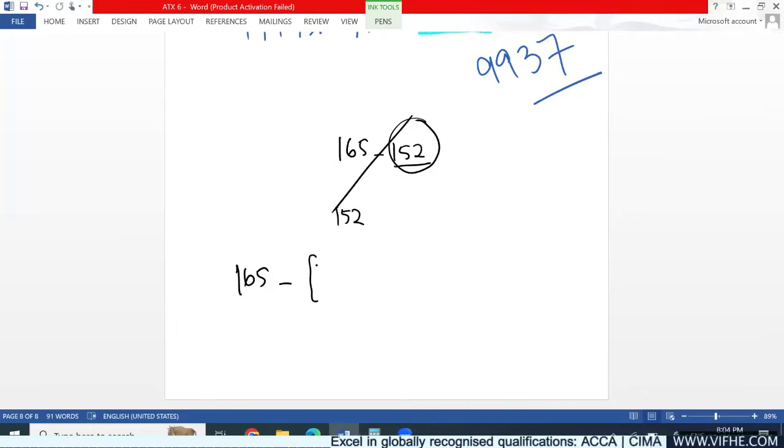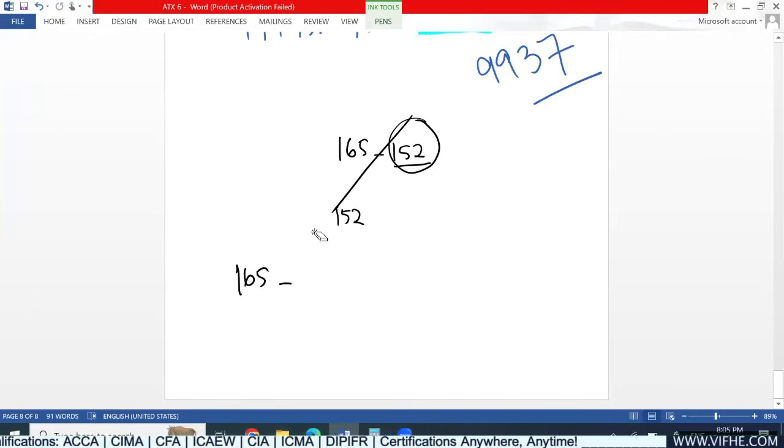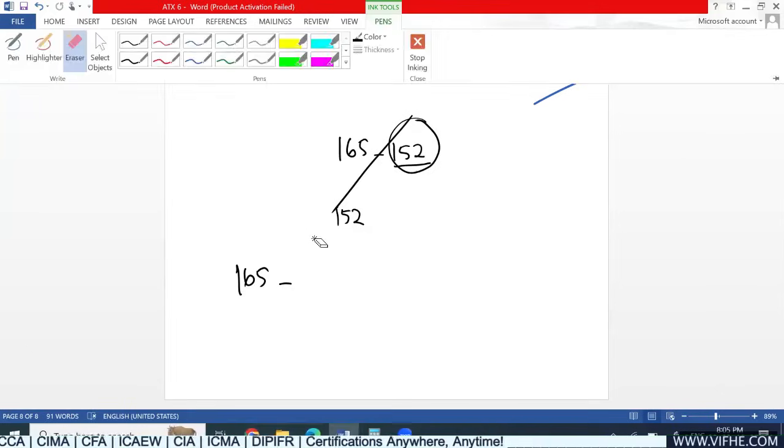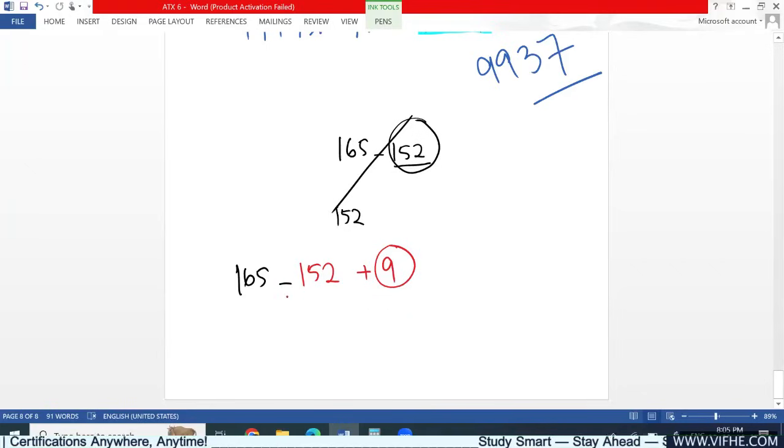But 9 months will be treated as the period of occupation completely. So I'm removing 152 months, but in this 152 months, 9 months shouldn't have been removed.